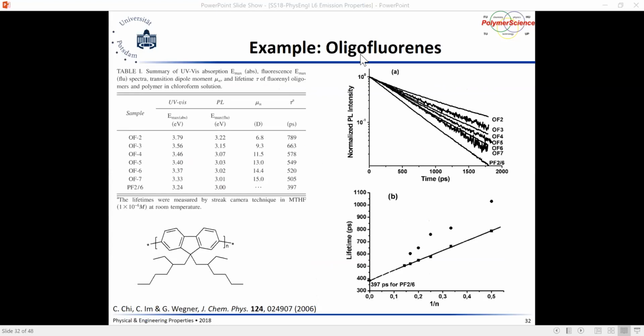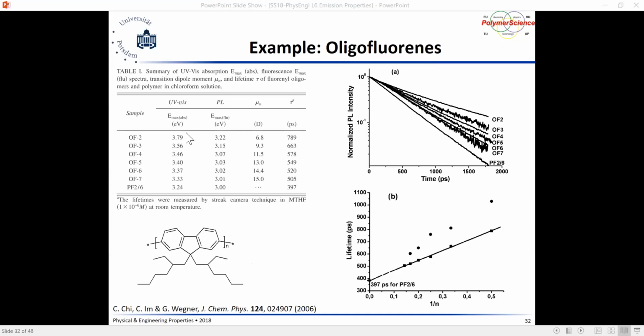This is an example of some oligofluorenes where the repeating unit has been changed. So when we don't have a really large number of repeating units, we call them oligomers. Otherwise, when it's really large, we call them polymers.